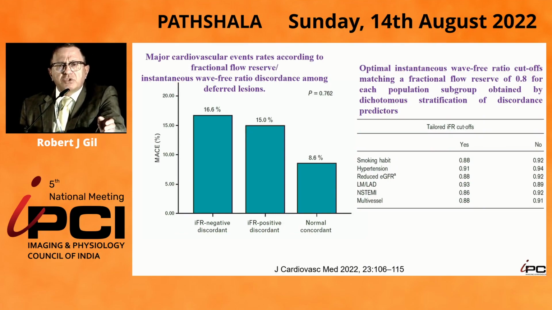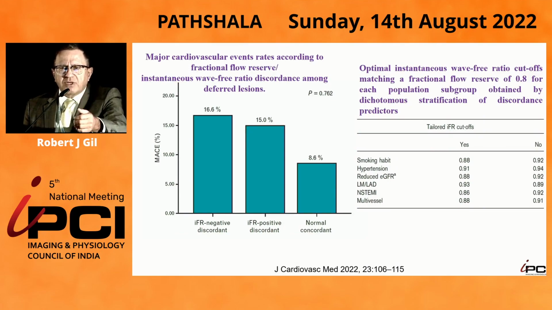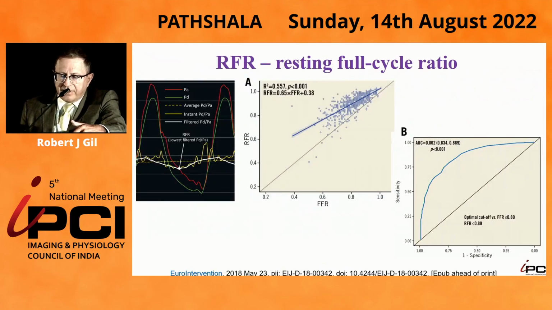iFR, which seems to be very attractive, checked in many more papers, clinically validated, but it also has the problem of this gray zone. We already know that for a specific subset of patients, we should think not of a general 0.89 cutoff criterion, but we should know this table, taking into account, for example, discordance with FFR.